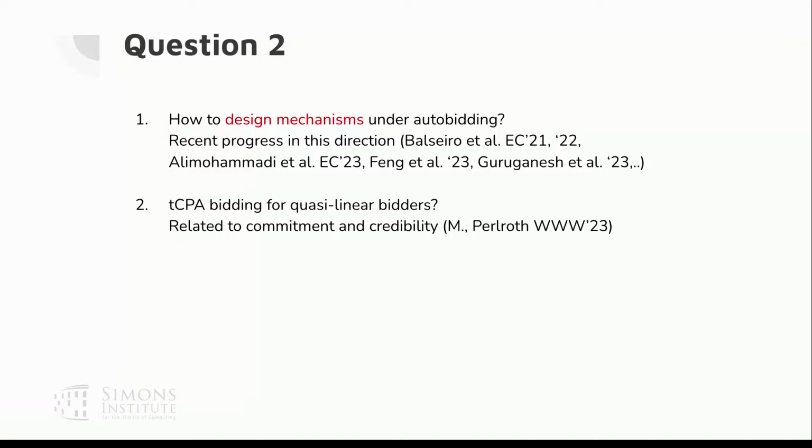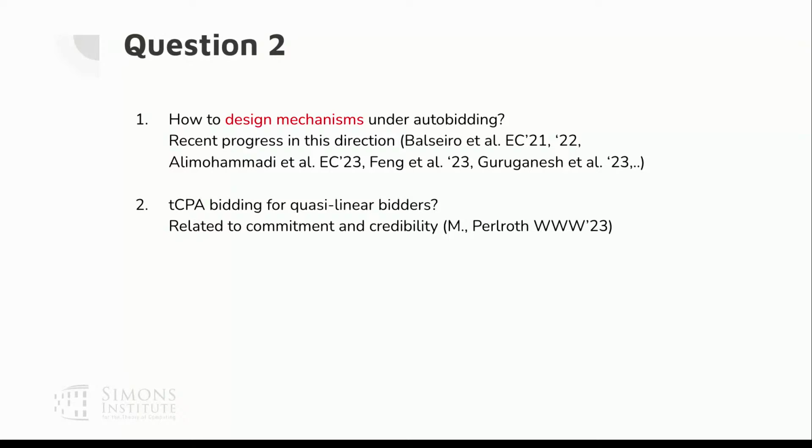And again, there could be 2 versions of it. One is where you take this objective literally, saying that you want to maximize conversions subject to this average constraint. Or you can talk about classic profit maximizing quasi-linear advertisers using target interfaces. And there are some nice results recently from these papers.